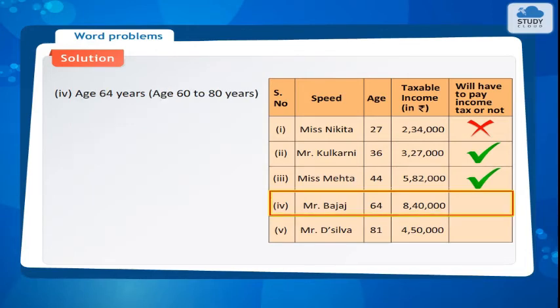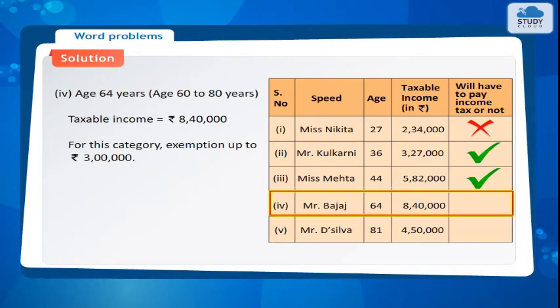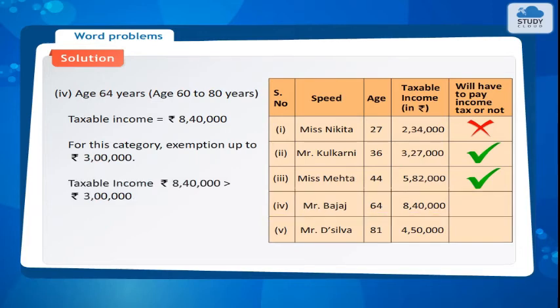4. Age 64 years, age between 60 to 80 years. Taxable income is equal to rupees 8,40,000. For this category, exemption up to rupees 3 lakhs. Taxable income rupees 8,40,000 is greater than rupees 3 lakhs.